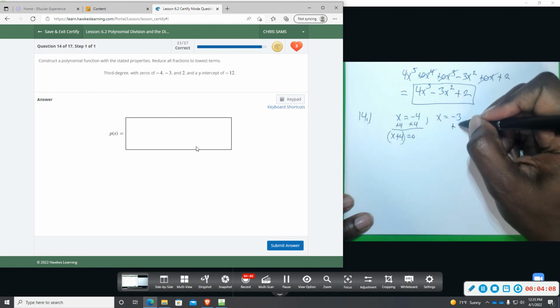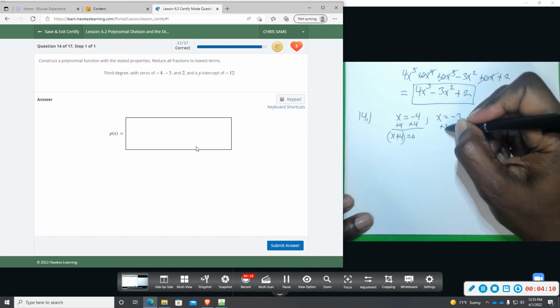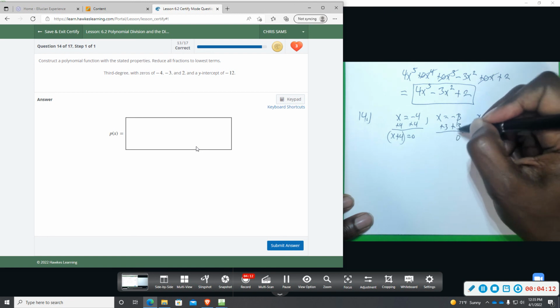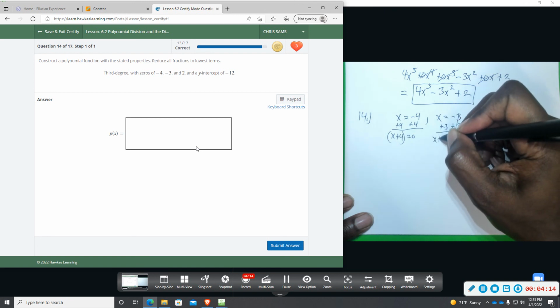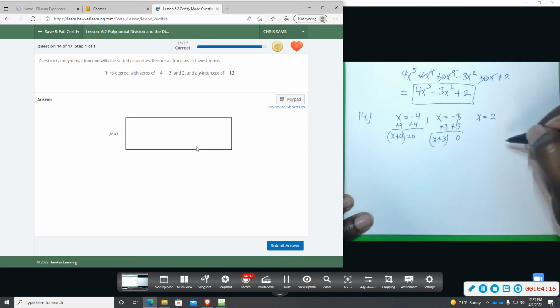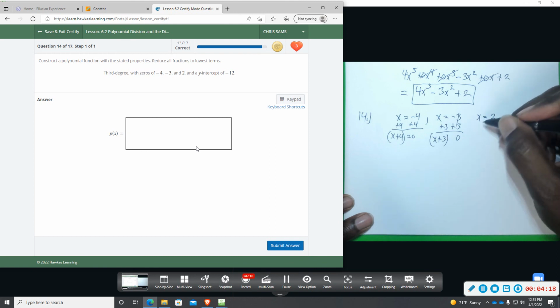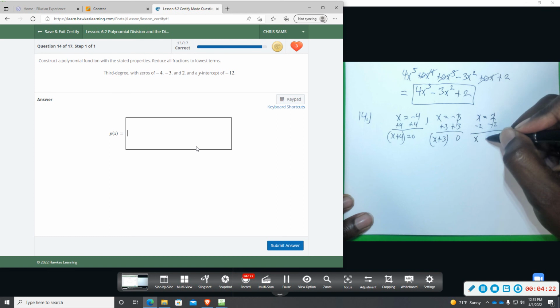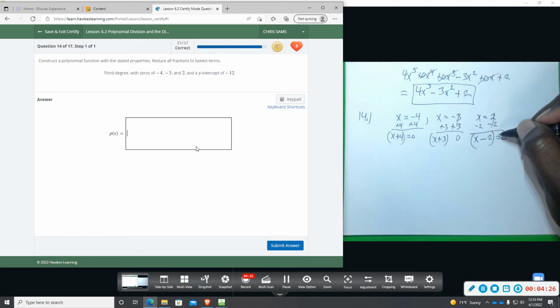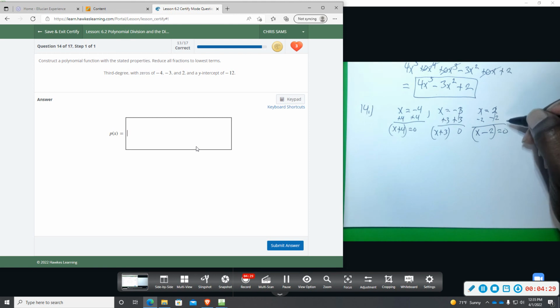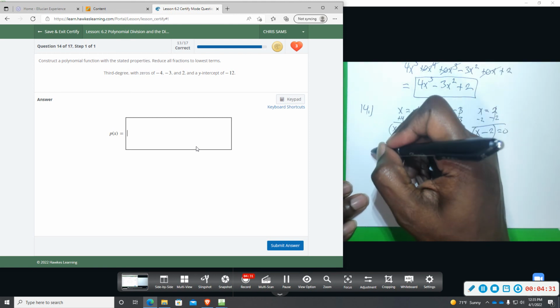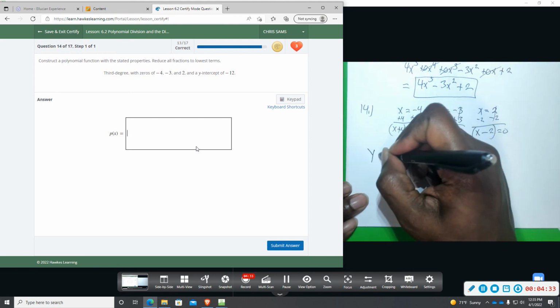And then I do the same thing for this one. I would add 3 to cancel out the 3 and get 0 on one side. And so I get x plus 3. This is my linear factor, and here I would have to subtract because it's positive to get a 0 on one side, and then I have x minus 2 equals 0. So here's my linear factor. So when you write a polynomial, we're going to start out with y equals.